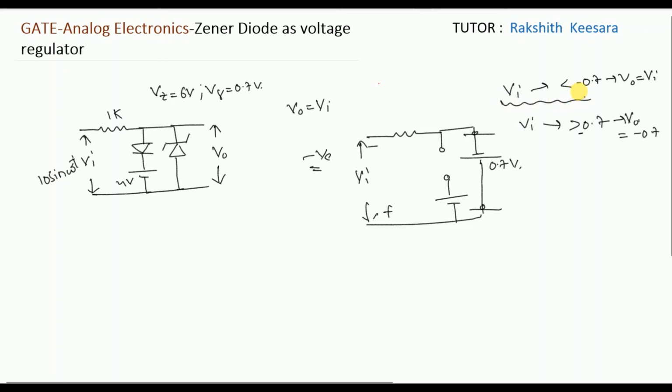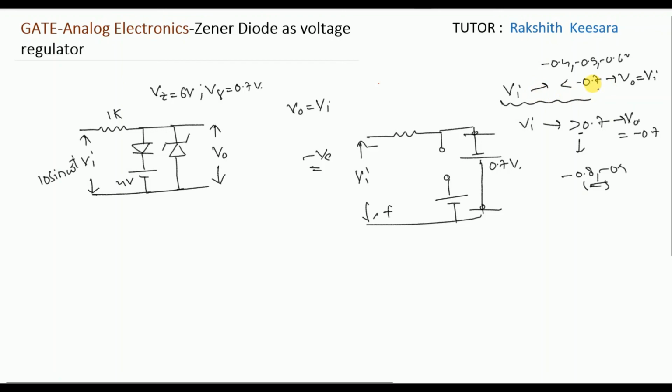So here V input is less than 0.7 means like 0.4, 0.5, 0.6 volt guys. Don't take it in math notation. And whenever V input is greater than 0.7, it is 0.8, 0.9 these voltages. Don't take it in mathematics notation.